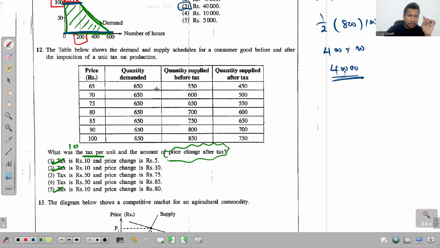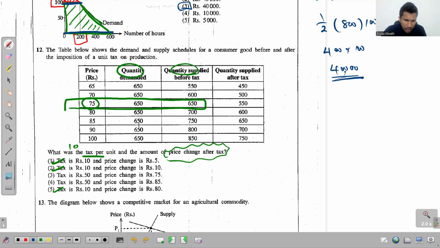What is the first story? Based on the QD and QS, you can recognize the equilibrium. See, QD becomes equal to QS when the price is 75. But after the tax, what happens?